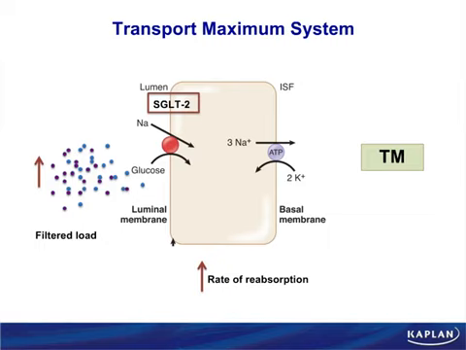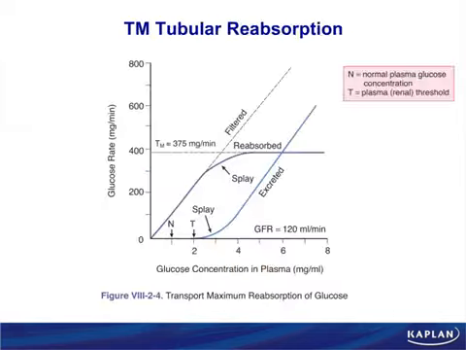That's what transport maximum is. This occurs once the SGLT2 channels become saturated. And you continue to reabsorb glucose, but at a constant rate.